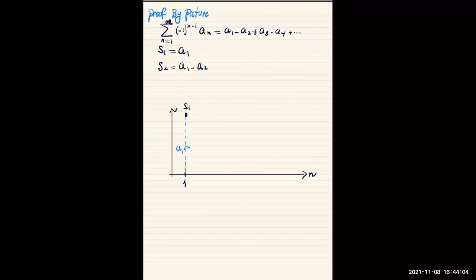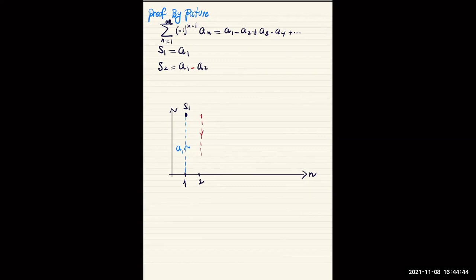We are going to go down from wherever we are at S1, down by A2. Now, the sequence is non-increasing, so A2 is going to be less than or equal to A1, meaning that when you go down by A2, you're not going to exceed the horizontal axis.